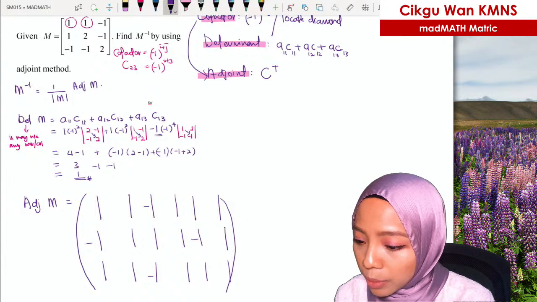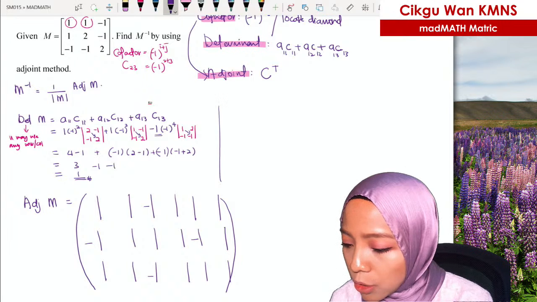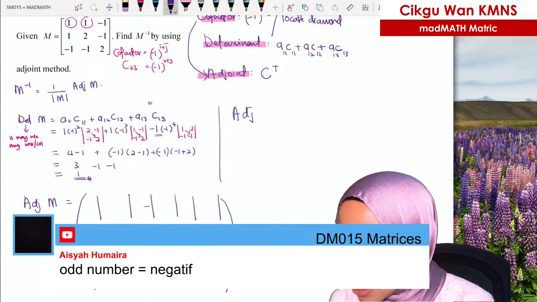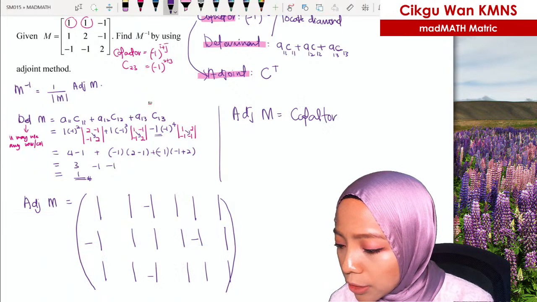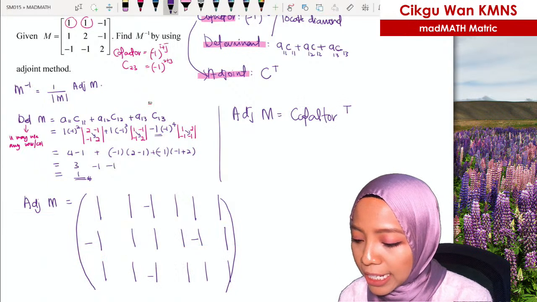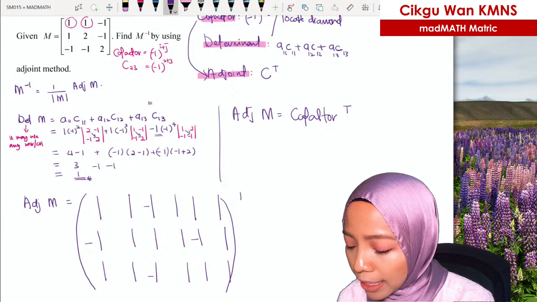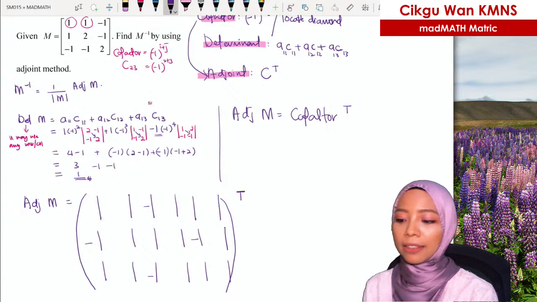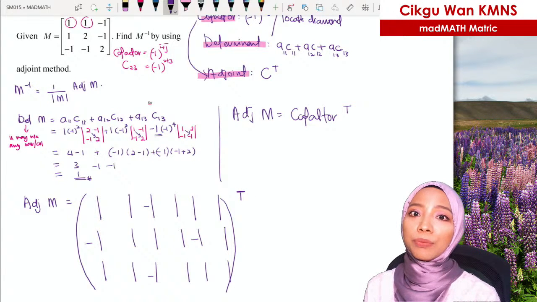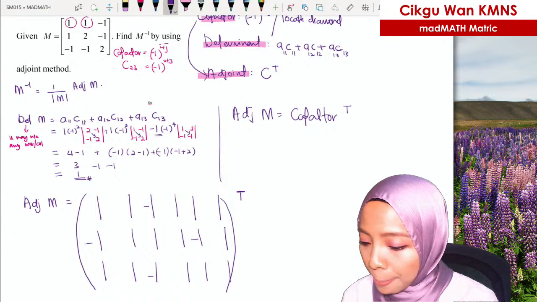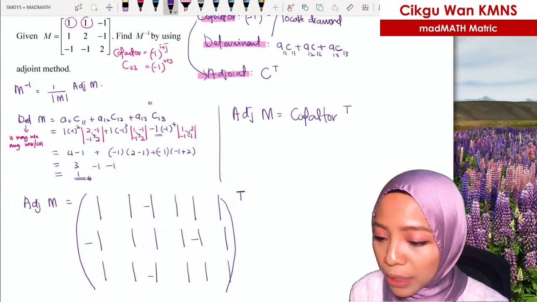Okay. I buat dulu kat sini. Adjoint M adalah cofactor transpose. Okay, so ini basically adalah CT. So kita pernah ada CT transpose. Yes. Okay, so sekarang cikgu masukkan tempat yang pertama.